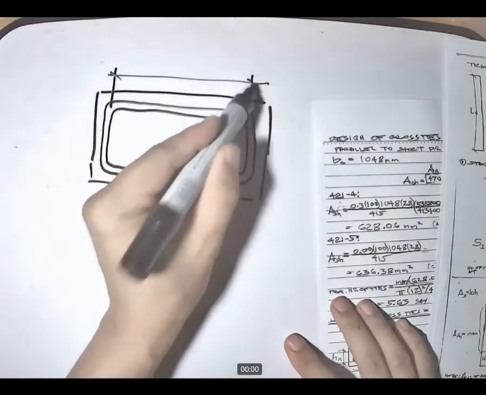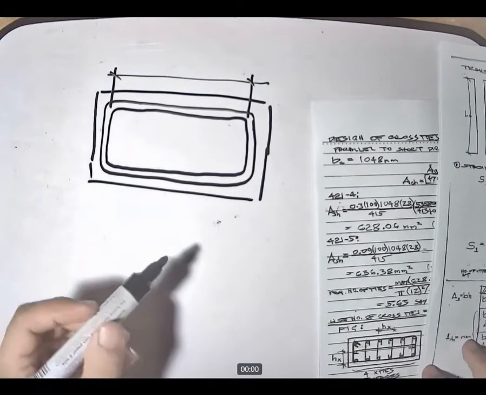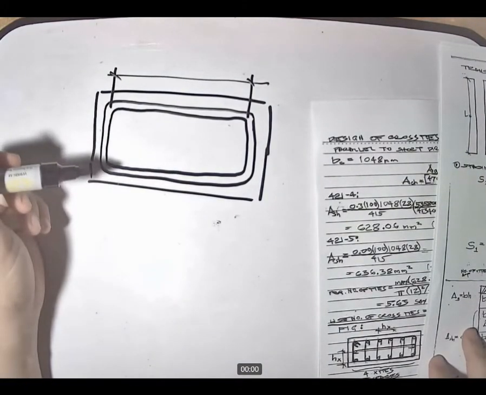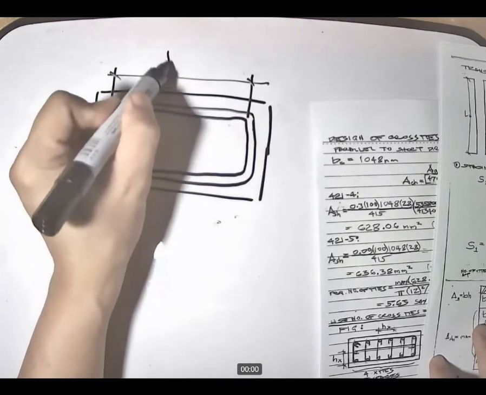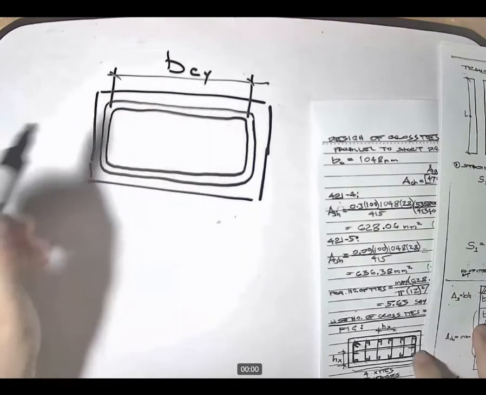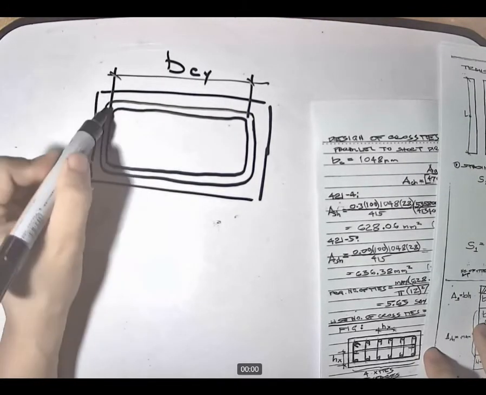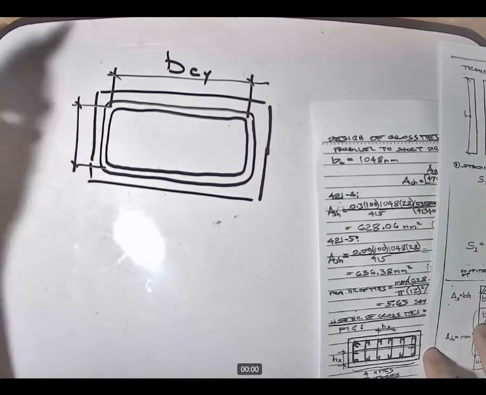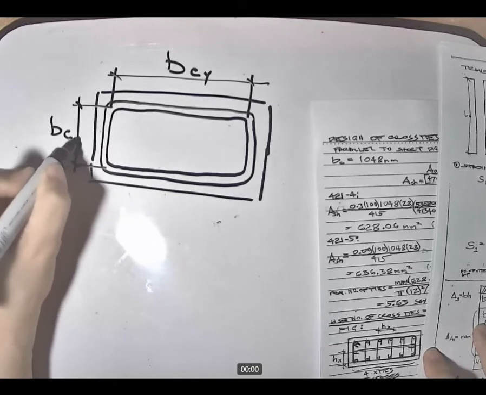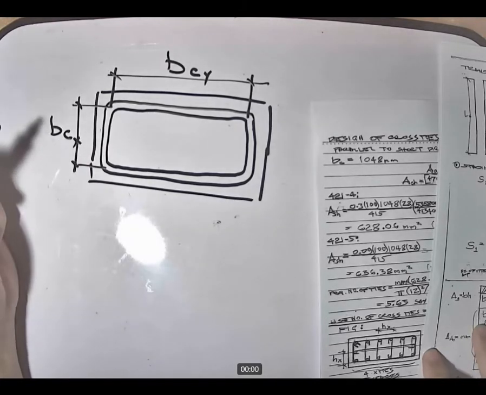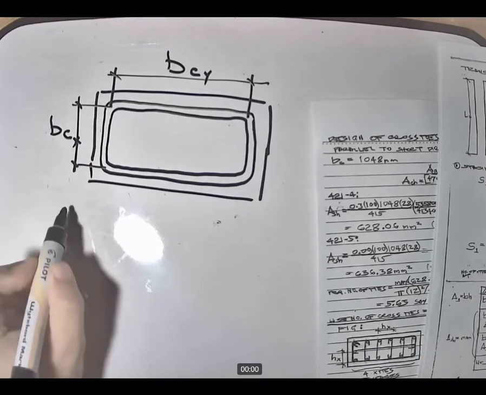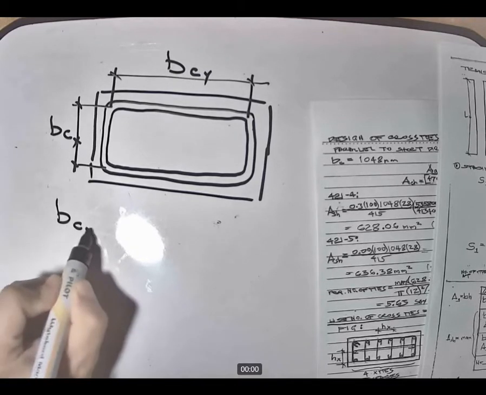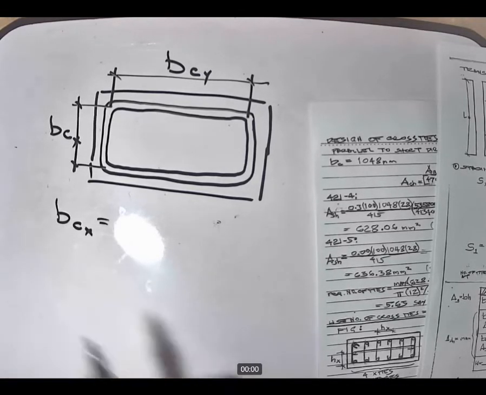Ito yung this is BCY. Tapos, center to center naman nito, this is BCX. Okay? So, let's compute now BCX.